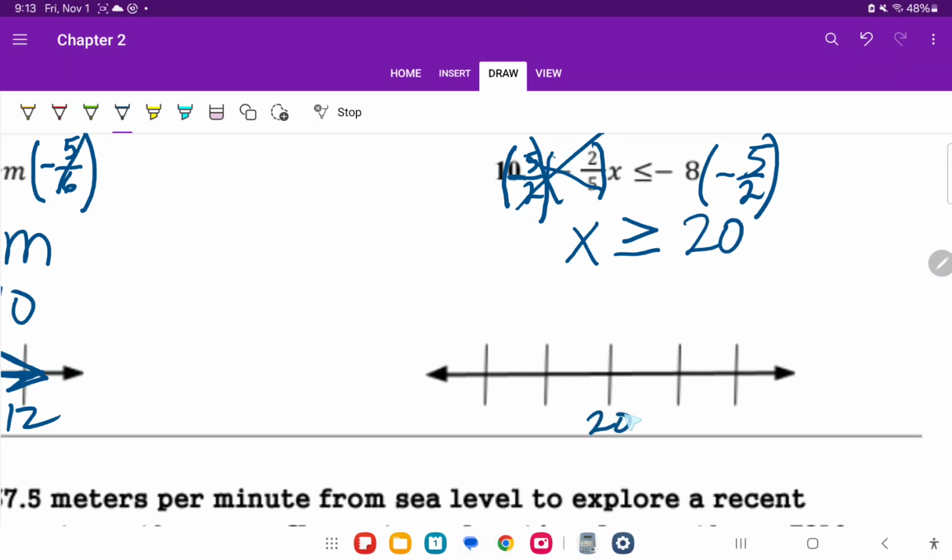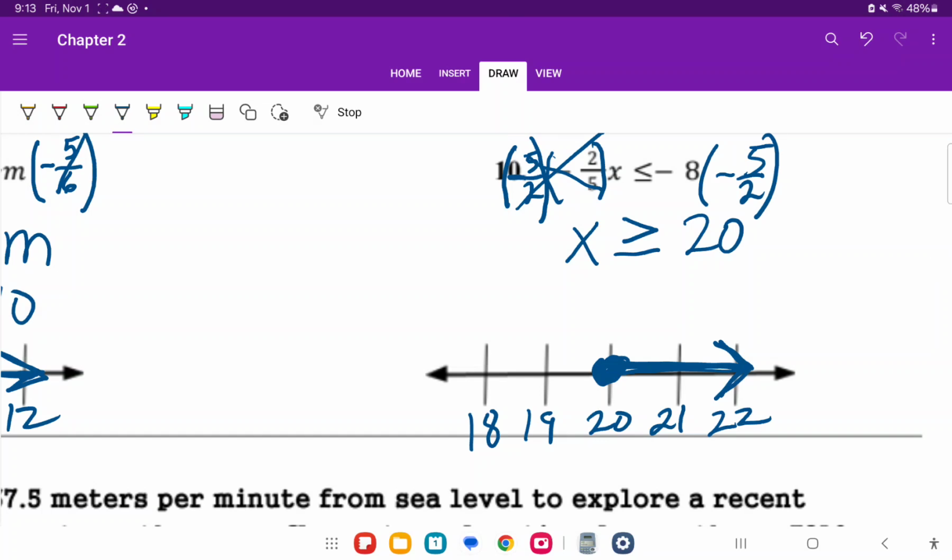All right, so we're going to put that right here. And that is going to be a closed circle, and it's pointing to the right. How come I didn't have to flip it again at the end? It was already in the correct spot. It was already over here on the left.